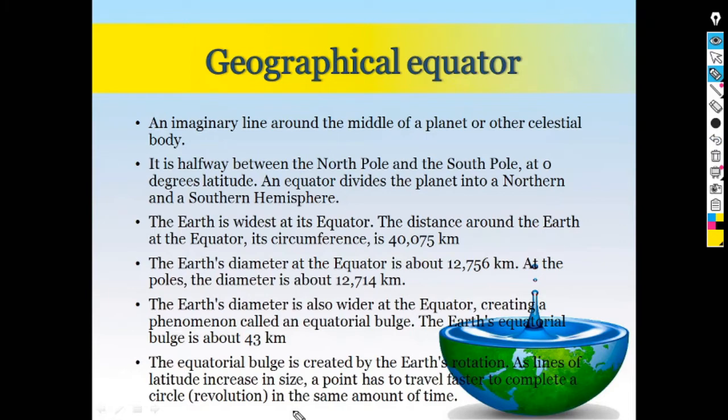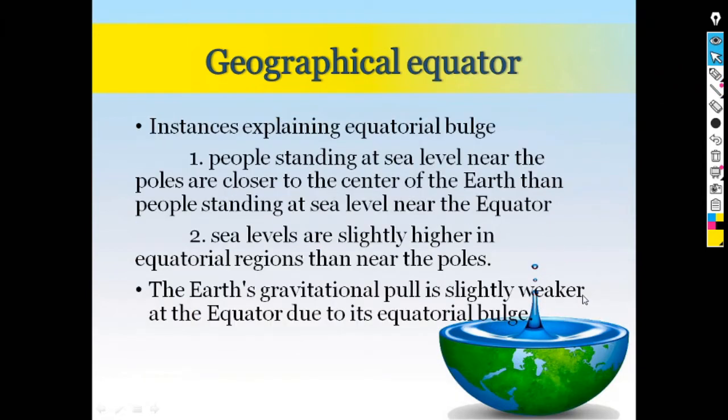The equatorial bulge is created by Earth's rotation. As the line of latitude increases in size, a point has to travel faster to complete a circle, that is your revolution, in the same amount of time. An instance explaining the equatorial bulge: people standing at sea level near the poles are closer to the center of Earth than people standing at sea level near the equator.